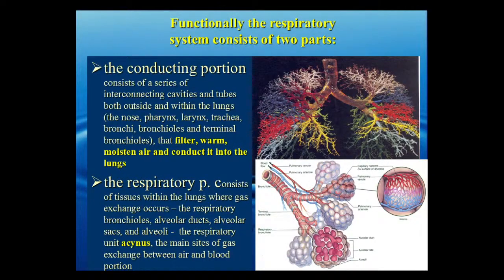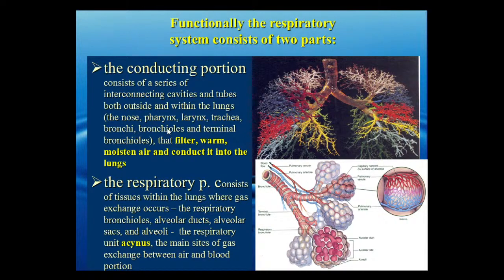Functionally, the respiratory system consists of 2 parts. You can see here the conducting portion, which consists of a series of interconnecting cavities and tubes, both outside and within the lungs.